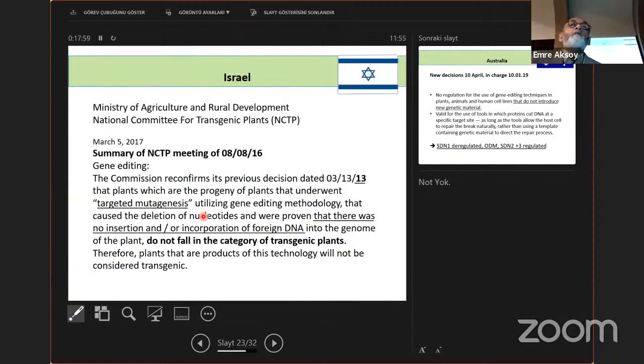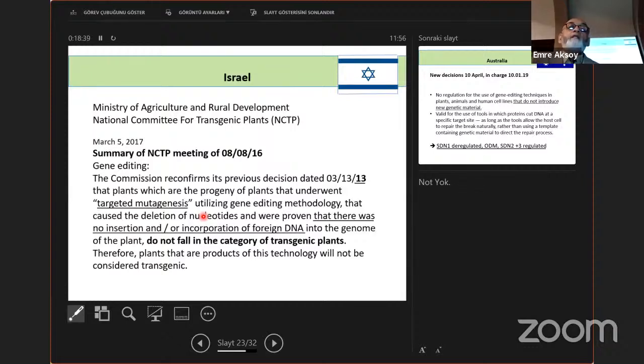In Israel, the Ministry of Agriculture and Rural Development, National Committee for Transgenic Plants, on gene editing, states that the Commission reconfirms its previous decision that plants which are the progeny of plants that underwent targeted mutagenesis utilizing gene editing methodology that caused the deletion of nucleotides, and were proven to have no insertion or incorporation of foreign DNA into the genome of the plants, do not fall in the category of transgenic plants.